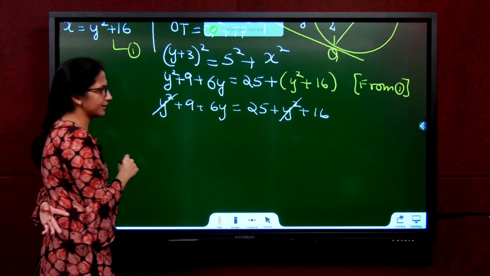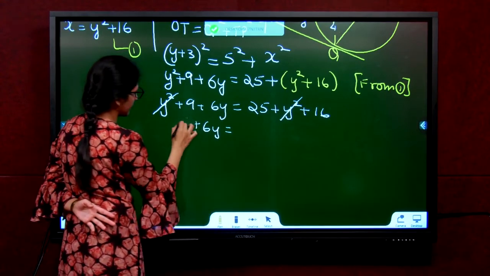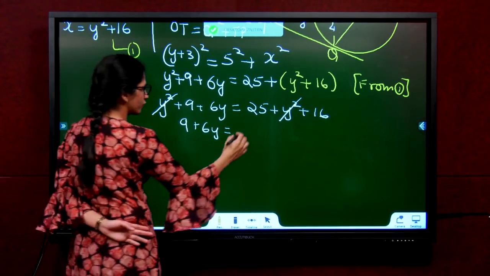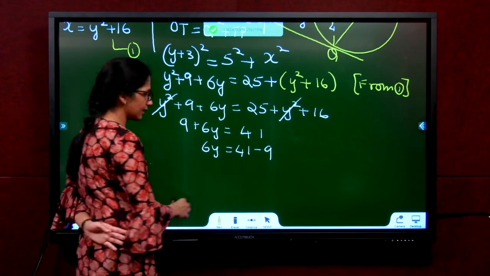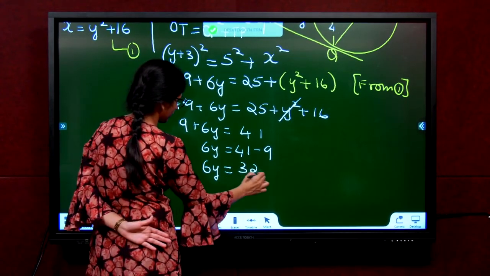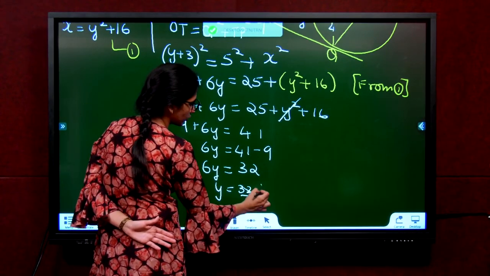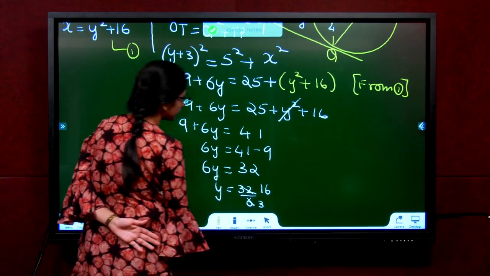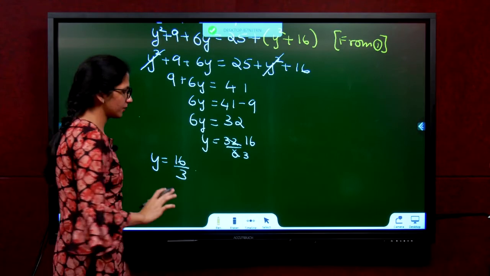Y square cancels. Bring all the Y terms on one side. This is 6Y, this is 9 here. 25 plus 16 is 41. Send the 9 that side. 41 minus 9, how much? 32. Y is equal to 32 by 6. 2 3s are 6, 2 16s are 32. So Y is equal to 16 by 3. This much we have got until now.